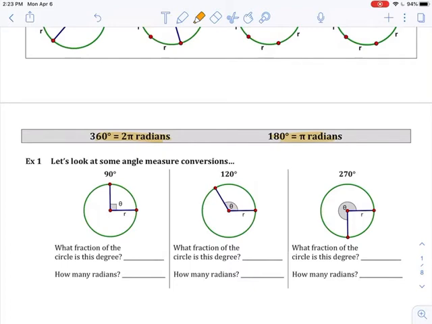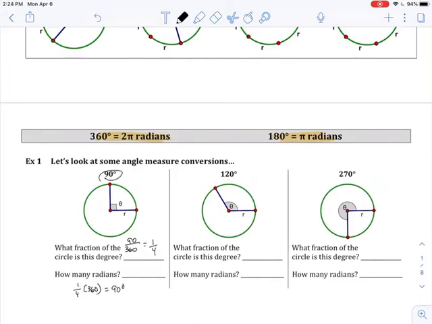So if we wanted to convert these, I can look at this first example, and they're telling me it's 90 degrees. So what fraction of the circle is this angle? Well, if I look at 90 over 360 degrees, that's going to be 1/4. And if I wanted to convert that to radians, if I go 1/4 times 360 in degrees, what do I get? 90 degrees.